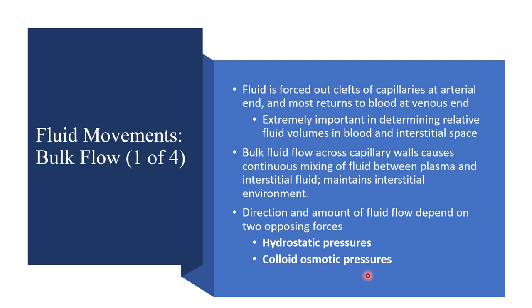Colloid osmotic pressure is the pressure afforded by certain chemicals or substances inside the blood that act like a sponge, sucking water and enabling it to stay in the blood, not allowing it to move out. That's actually the osmotic pressure. Hydrostatic pressure, on the other hand, is the water pressure that's actually pushing along the wall of the capillary.